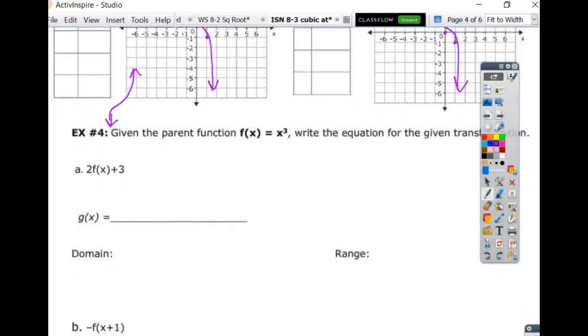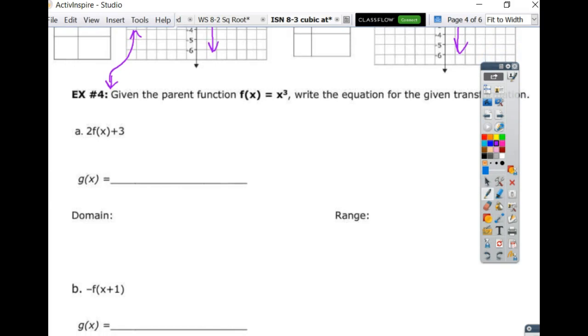All right. So given the parent function f of x equals x to the third, write the equation for the given transformation. So what this tells me is, you see where that f of x is? I'm just going to put x to the third where the f of x is. So I get 2x to the third plus 3.